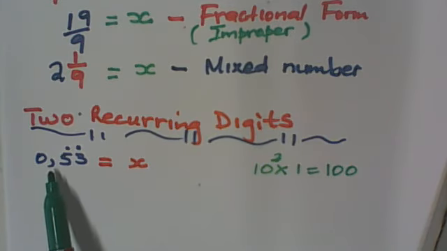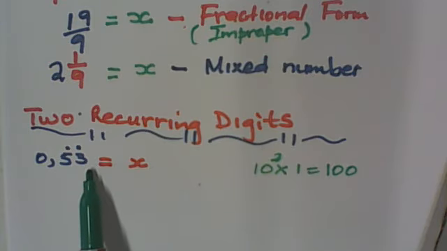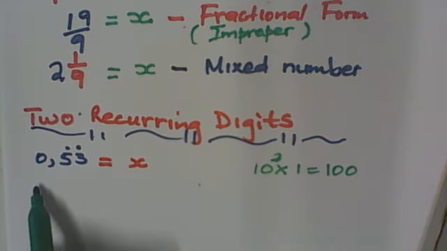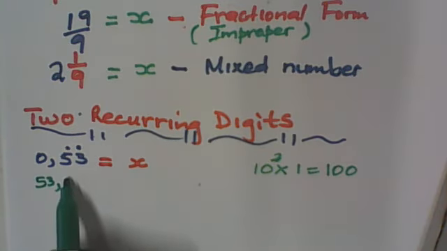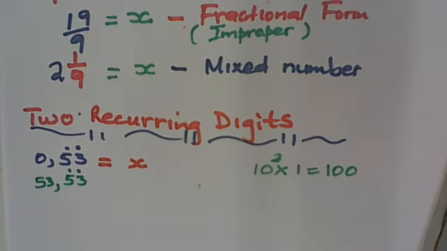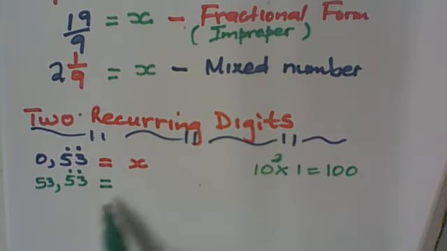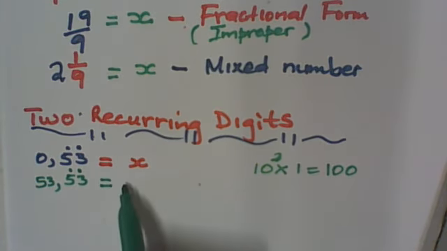How many zeros do we have? 2. It's 1, 2. So this will be 53.53 recurring.